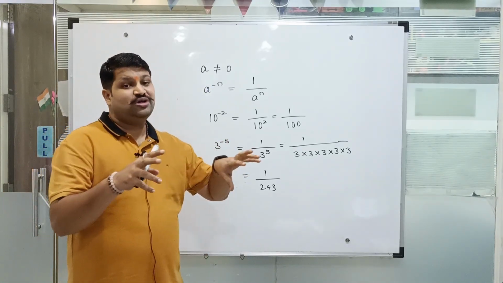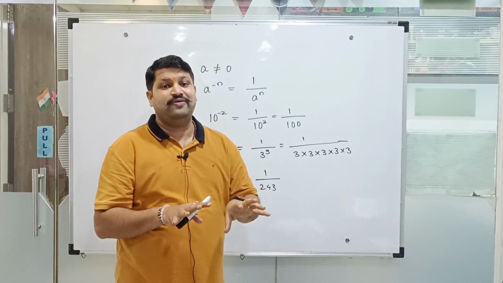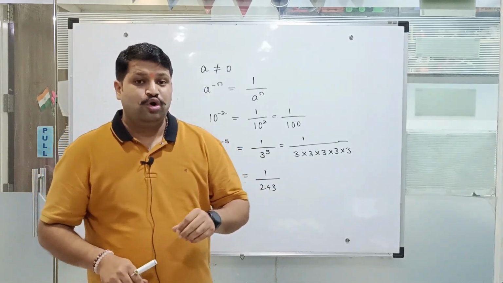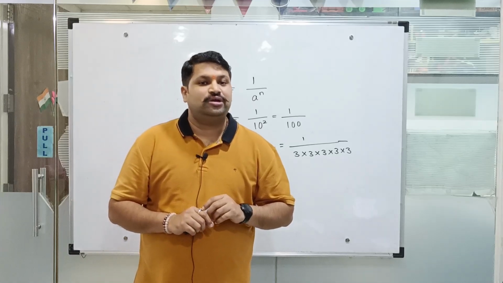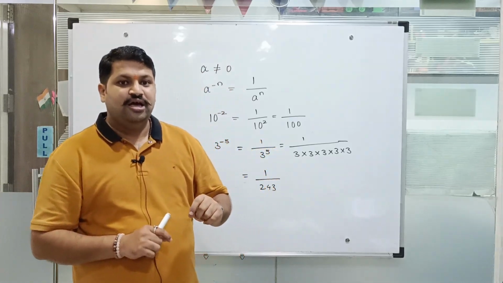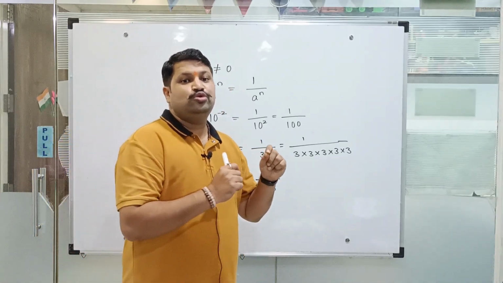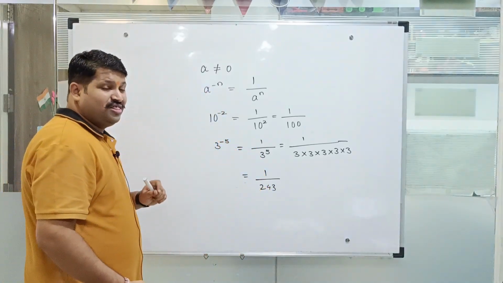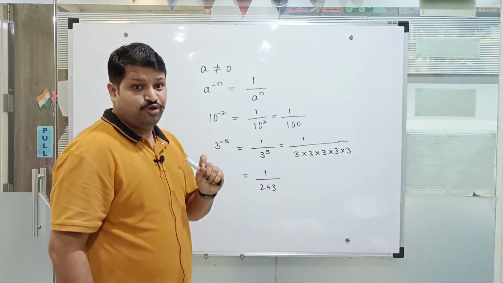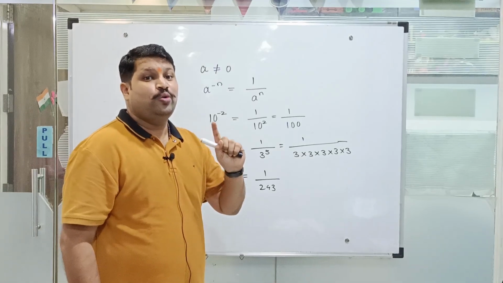Now we come to the last part where we take the power equal to 0. So for any integer, if its power is equal to 0, then the number would be equal to 1. So any number to the power 0 would be 1, including 1.